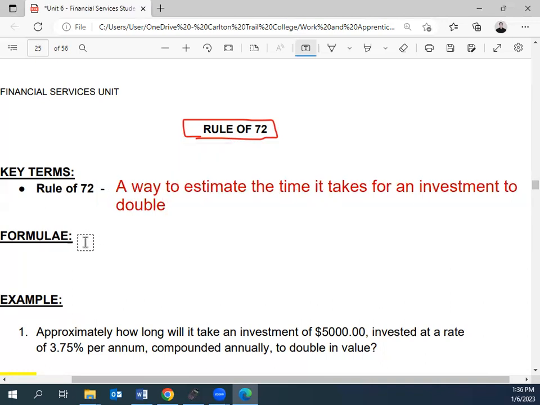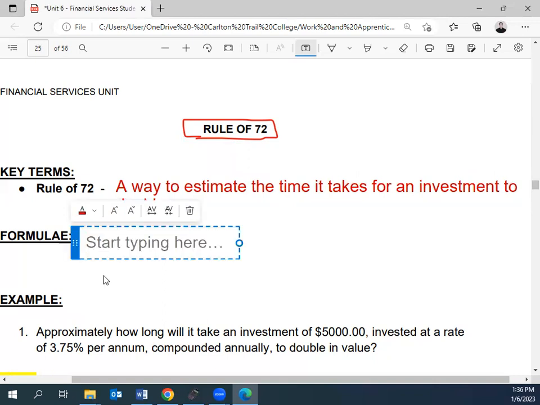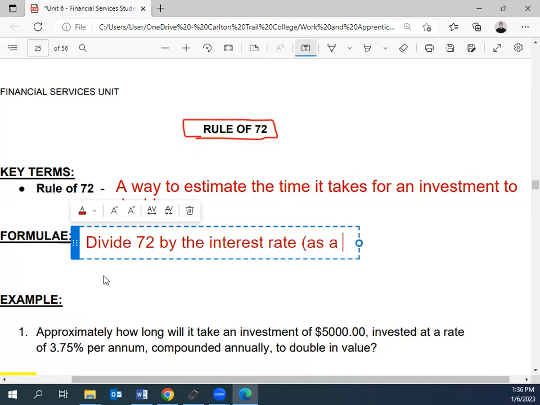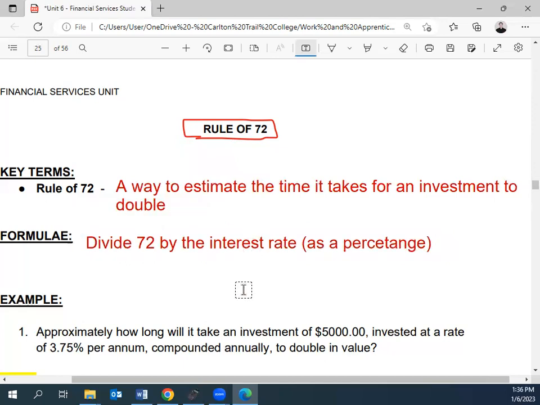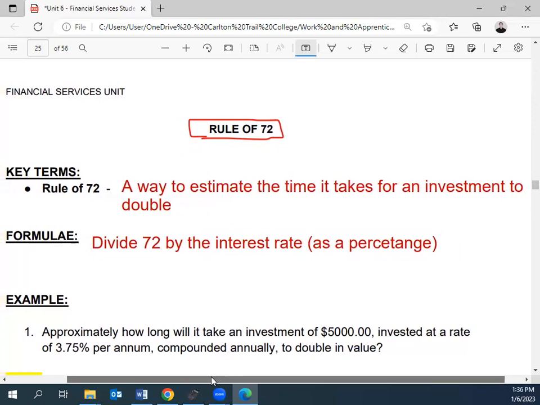How you do this is you divide 72 by the interest rate as a percentage. Normally whenever we have interest rates, we use decimals. This is the one exception to that.